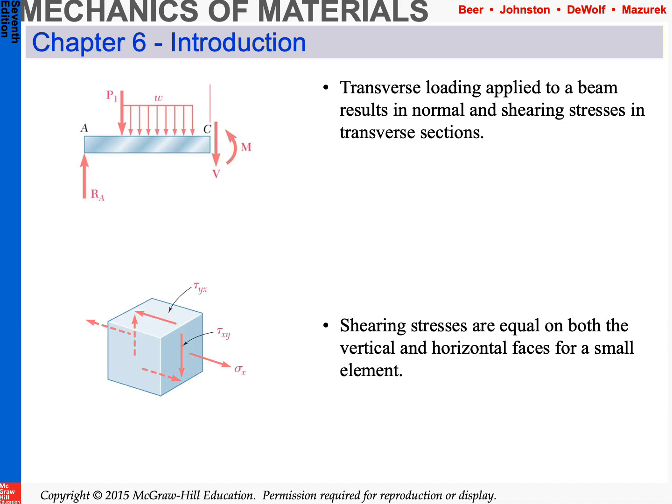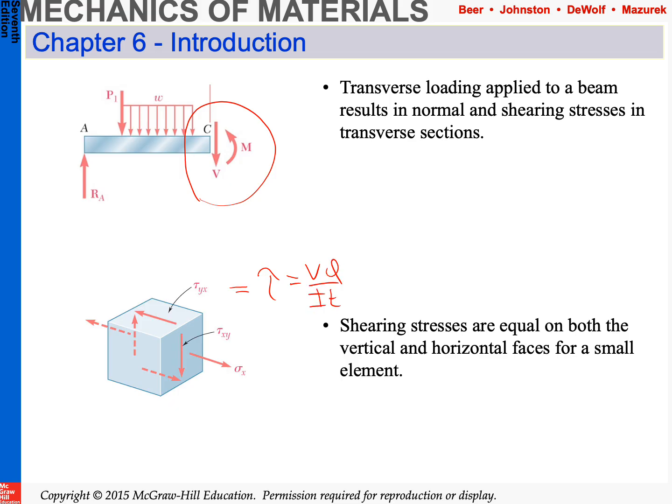This is a figure that you've already seen in the past, but anytime we have any beam, we have internally a shear force and bending moment diagram, and that shear force results in a shear stress. So the shear stress, again, VQ over It.